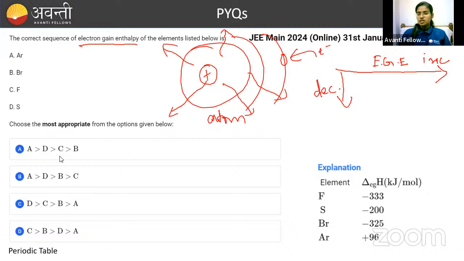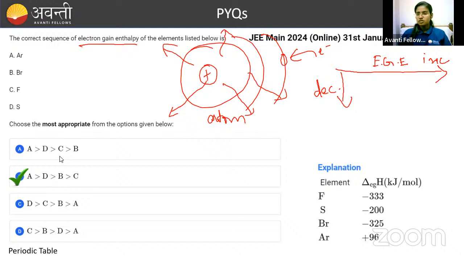Argon, right? So A, then the least negative is sulfur, so D. Next is bromine, B, and the last is fluorine. The most negative is fluorine, which is C. So option B is the correct answer for this question.